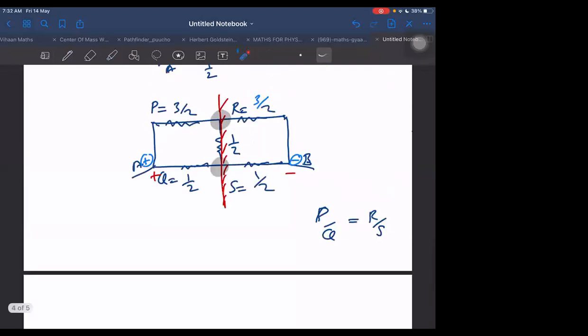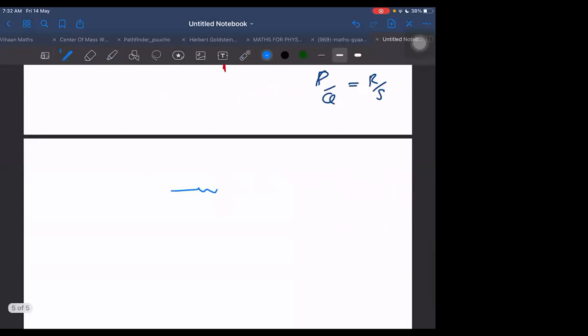Then we get 3/2 in series with 3/2. 3/2 in series with 3/2 will give me 3, and 3 in parallel with 3 gives 3/2. So finally net resistance is 3/4, but R I had already skipped, so it finally becomes 3R/4. That is the answer. Net resistance is 3R/4.